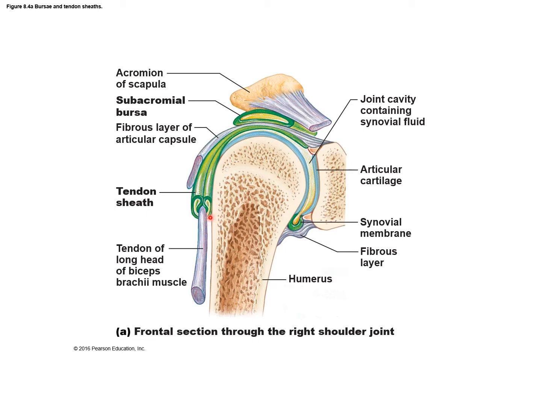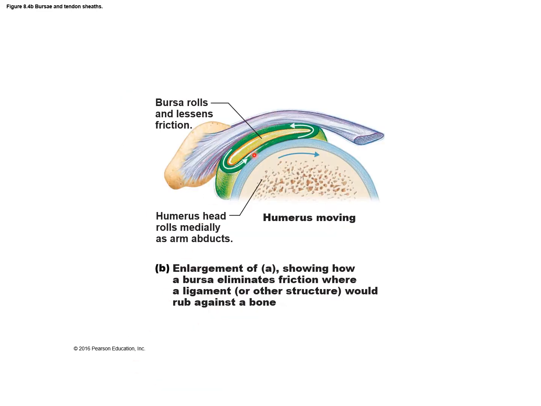The reason I wanted you to know about this tendon of the long head of biceps brachii is because this is really one of the main stabilizers of the entire shoulder joint. This long tendon helps in a really big way to stabilize this joint. Here's just another picture of a bursa. This is the same one we already looked at, the subacromial bursa.